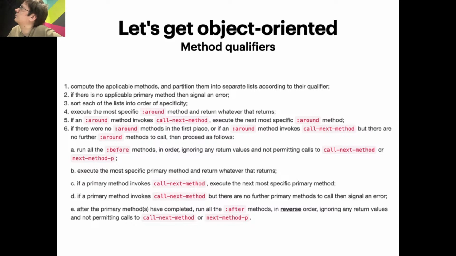If there is no applicable primary method, we signal an error. We sort them in order of specificity. Then we execute our around method if we have one, so that allows us to override our default method completely.